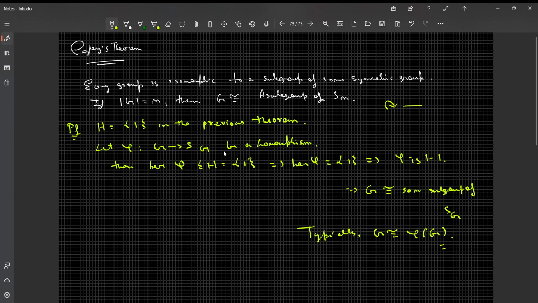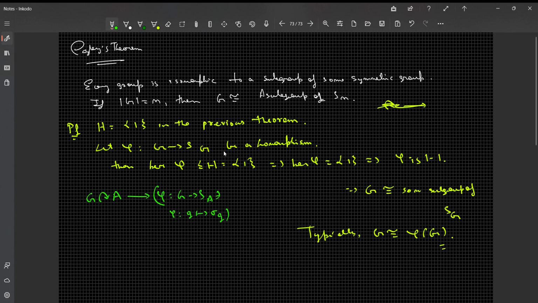Because what we had discussed at the start of this group action series is that, provided any action you have, you can associate a homomorphism from the group G to SA. Let me change the color. So if G acts on A, then you can associate a homomorphism, which we had written as sigma G, which acts as a permutation of the elements in A. So you can have a homomorphism phi from G to SA such that phi maps every element small g to sigma G. Sigma G is the associated permutation representation.